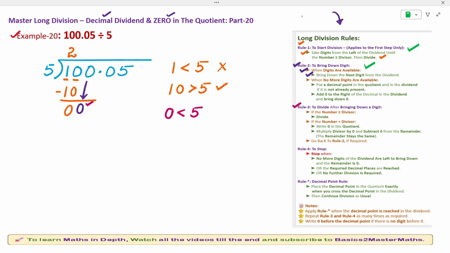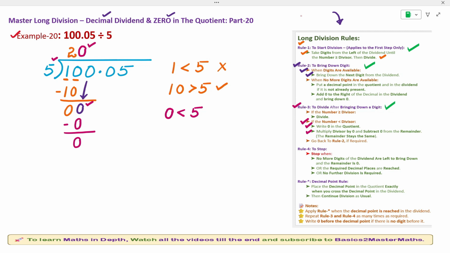So, as per rule 3, if the number is less than the divisor, write 0 in the quotient, then multiply divisor by 0 and subtract 0 from the remainder. 5 zeros are 0. So, you will get 0 as the remainder again. Now, rule 3 is complete.